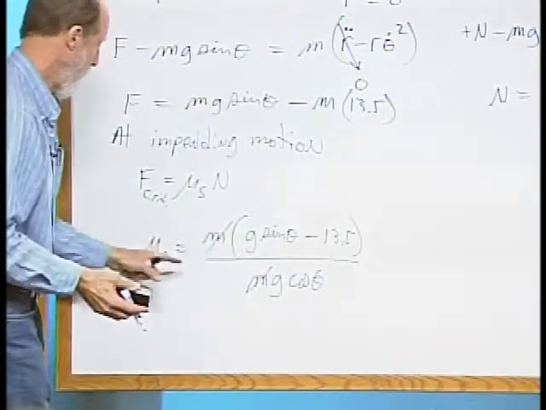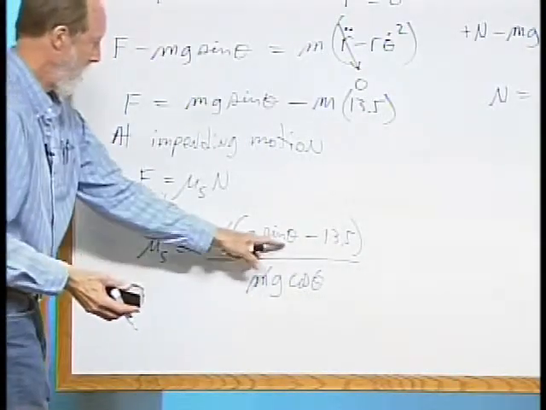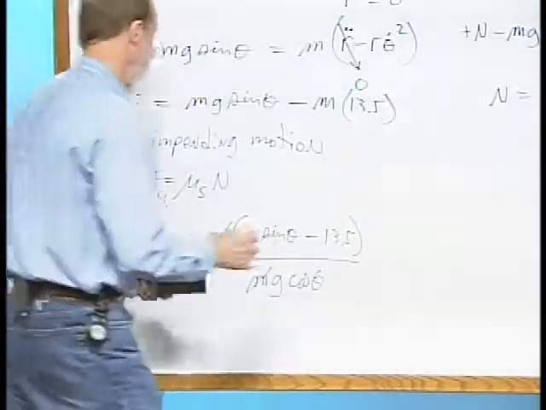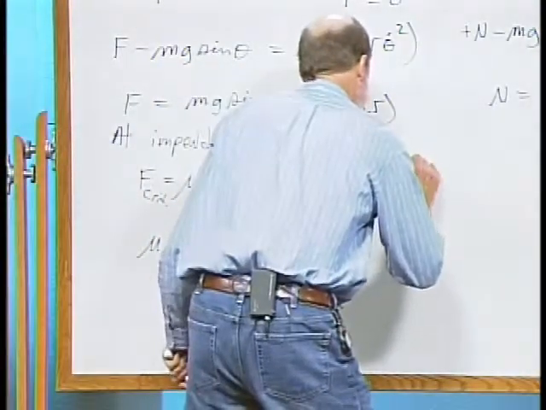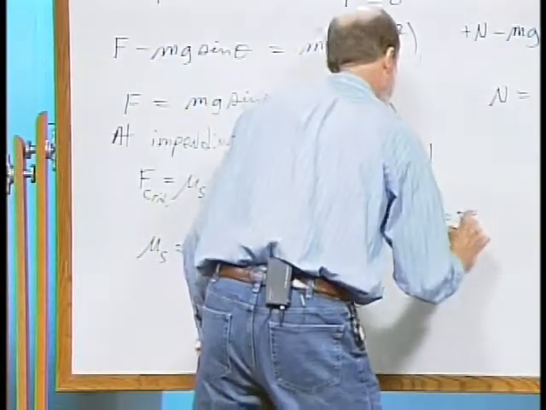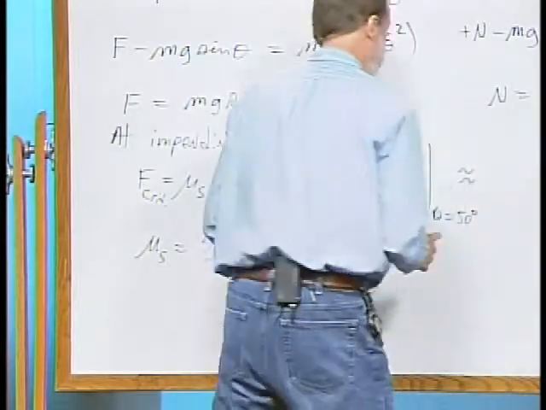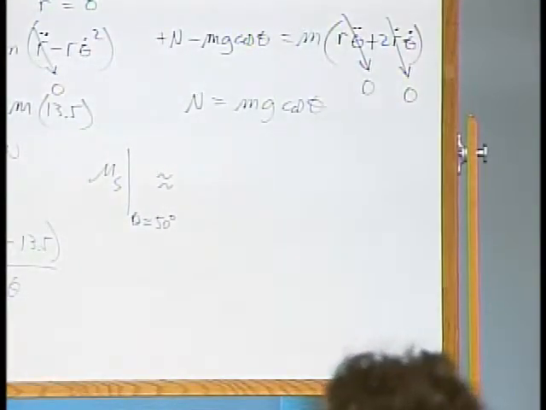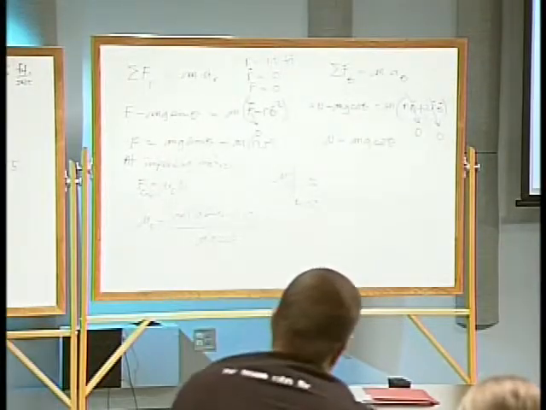And so then we could figure this out using 50 degrees there. So finally, mu s, if theta equals 50 degrees, should calculate out to be 0.54.